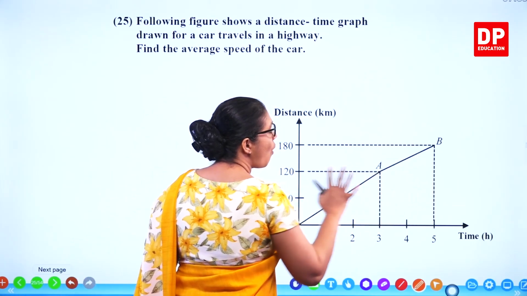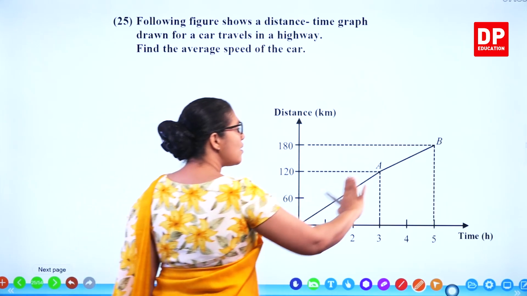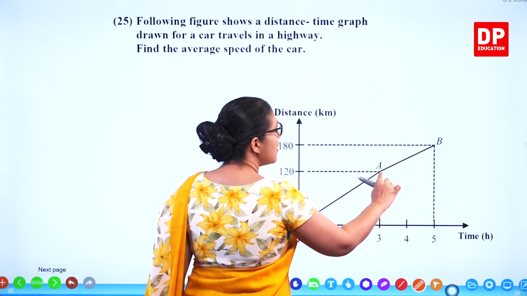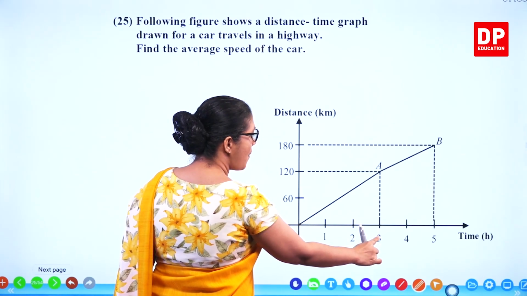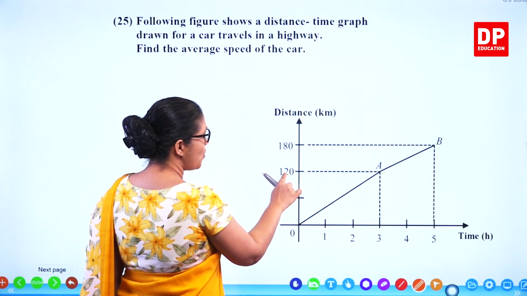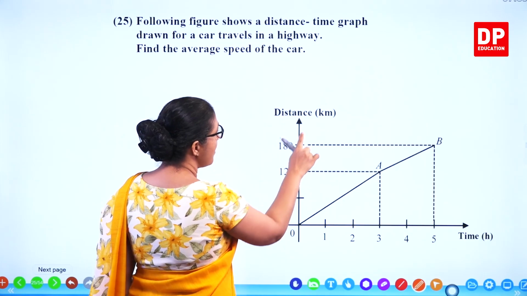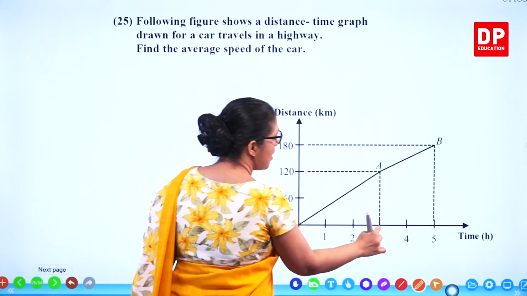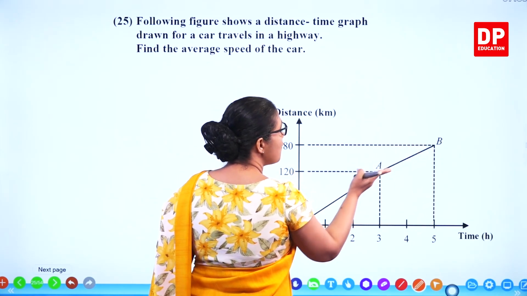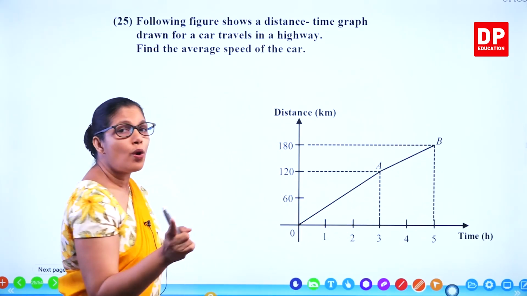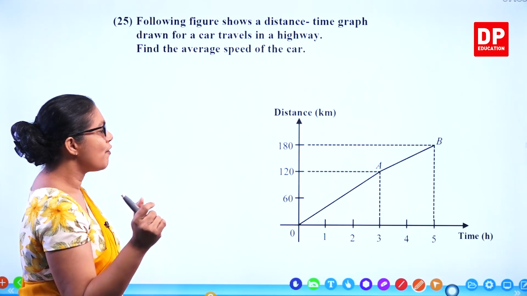Here to here is 3 hours and 120 kilometers of continuous traveling, so you can take the total distance over total time for this.